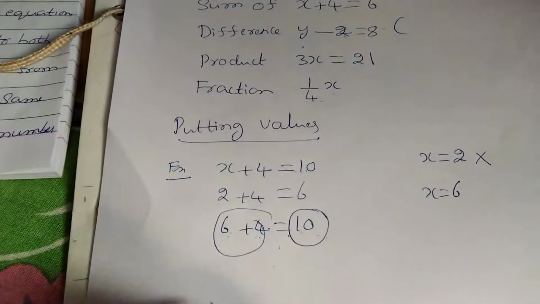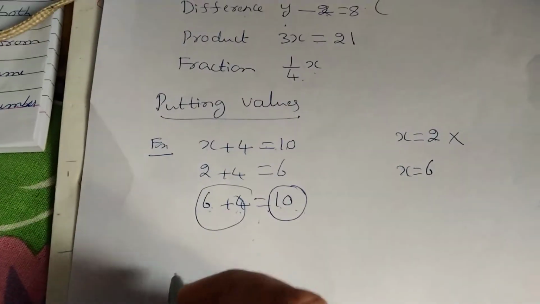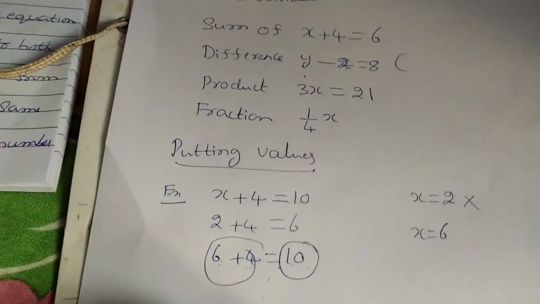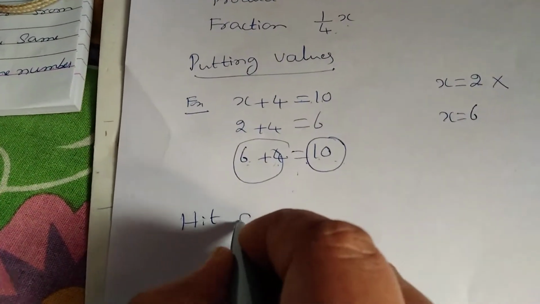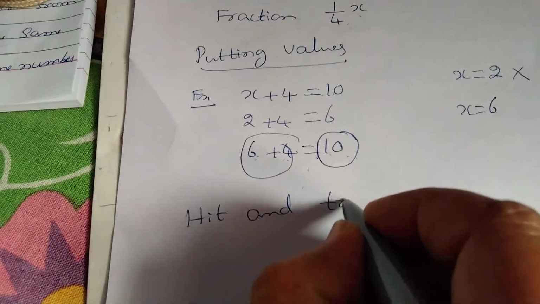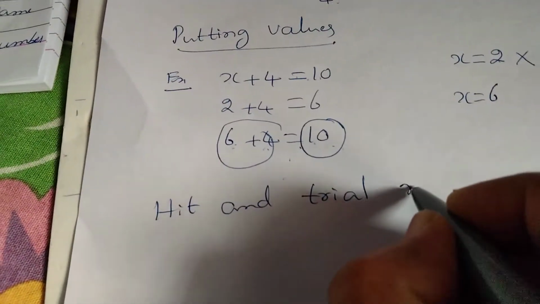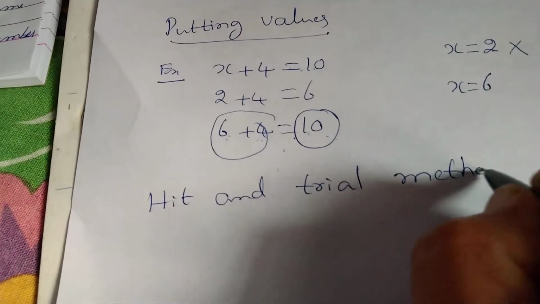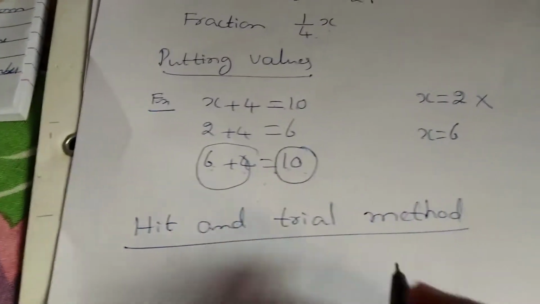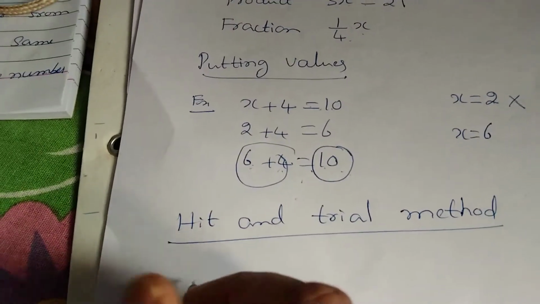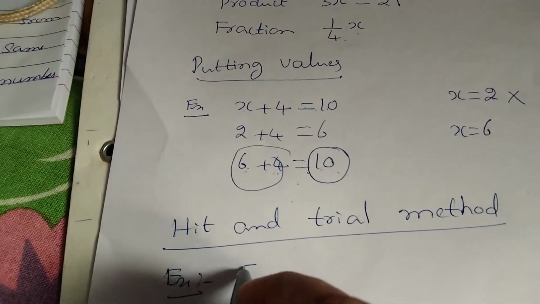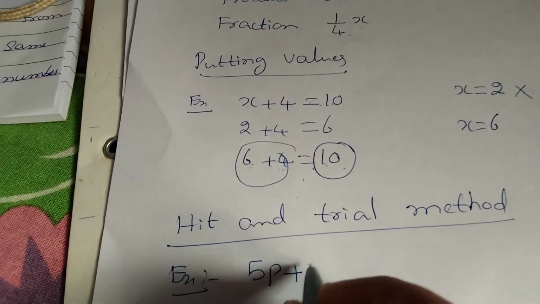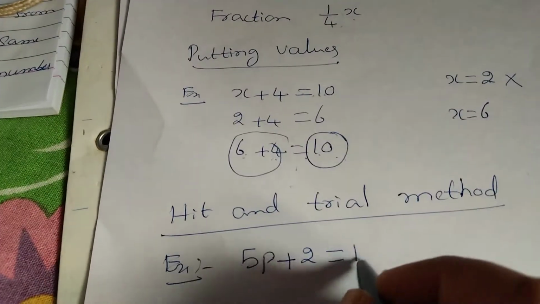This is one method. Another method for putting values is the hit and trial method. What is this hit and trial method? Let us learn with an example. Here 5p plus 2 equals 17.